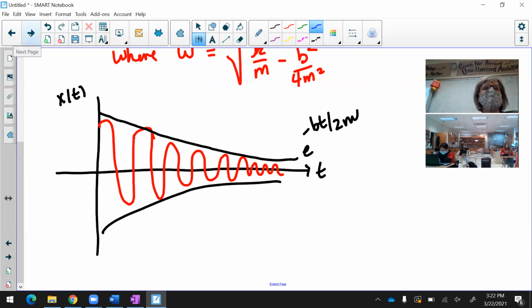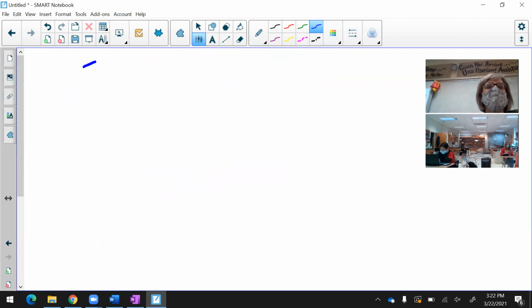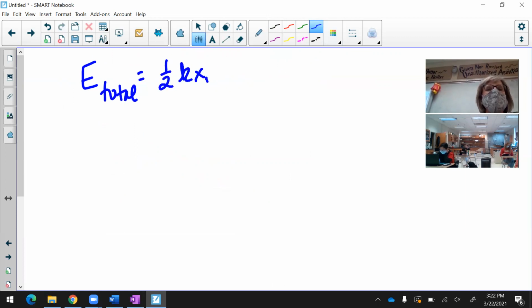And what's probably much more interesting to look at is the energy, because the energy is going to get smaller, right? The total energy is being lost to friction or whatever it is. So remember that the total energy of a simple harmonic oscillator is 1/2 k x_m squared.